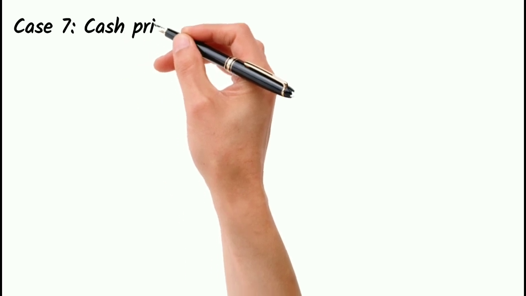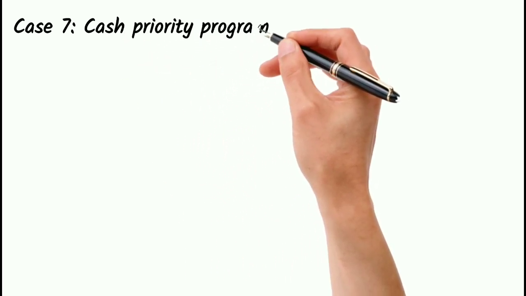Case 7 is all about cash priority program. Cash priority program is prepared in order to avoid overpayments of cash to the partners. By preparing this cash priority program, malalaman natin yung partner na unang mababayaran at yung partner na mahuhuling mababayaran. Let's first compute the maximum loss absorption capacity or MLAC.